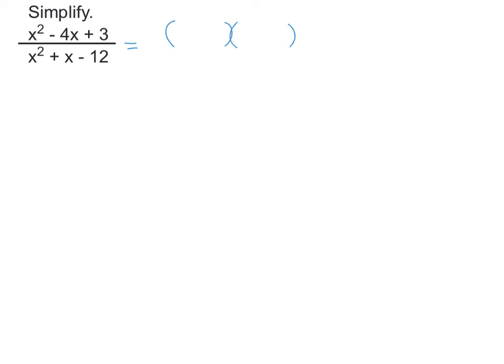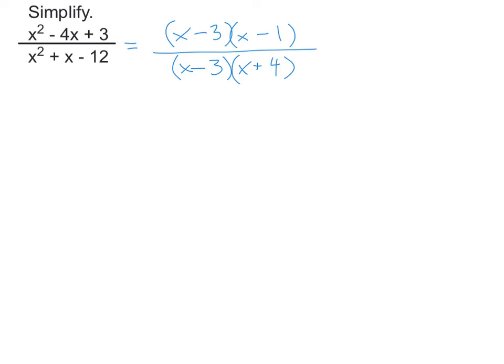The GCF is 1, but we can come up with 2 numbers that multiply to positive 3 and add to negative 4. And those numbers would be minus 3 and minus 1. So that factors into the quantity x minus 3 times the quantity x minus 1 over. And our denominator, GCF is 1, but again, we can find numbers that multiply to negative 12 and add to positive 1. And those numbers are negative 3 and positive 4.